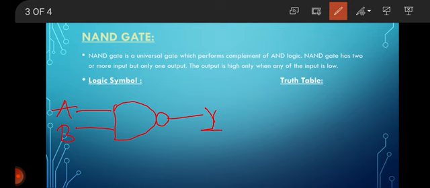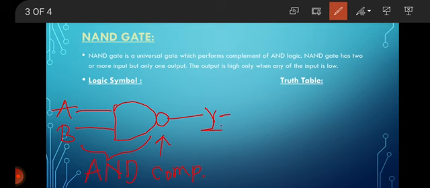So simply firstly we do the AND operation, that is AND gate is present, and then we do complement. So take the complement of output of AND gate and then we can get the output of NAND gate.